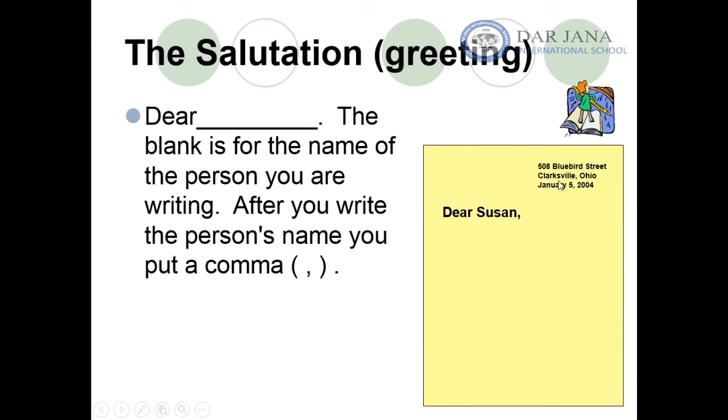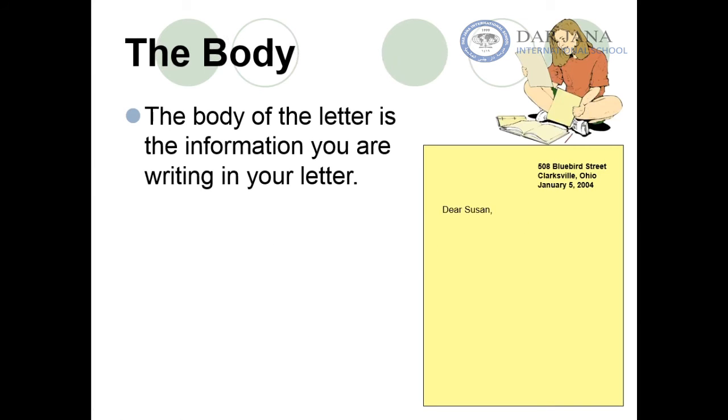Of course, we will skip a line because we are starting a new part in the friendly letter. We skip a line and then we write on the left side of the paper, dear Suzanne or dear Rami or dear whoever we want to write for, followed by a comma. So this is the greeting.